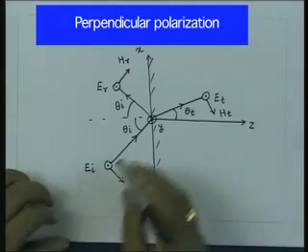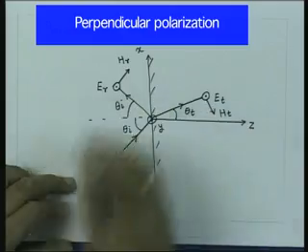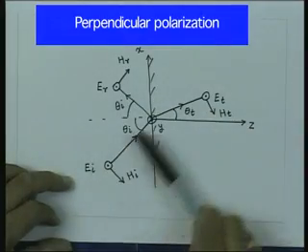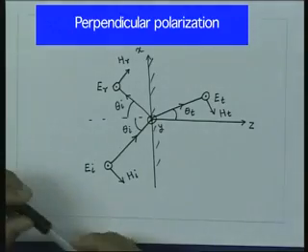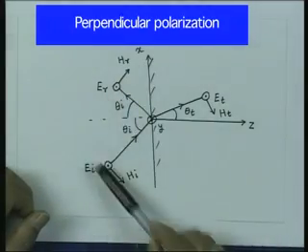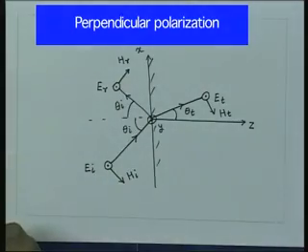So what we do, first we assume the direction for the electric fields, then by using the Poynting vector arguments we write down the directions for the magnetic fields in the vector form, and also we know since these waves are transverse electromagnetic waves, the ratio is given by the intrinsic impedance of the medium.